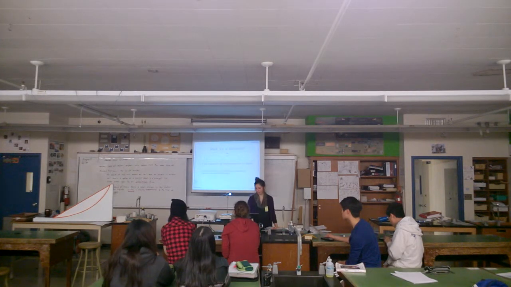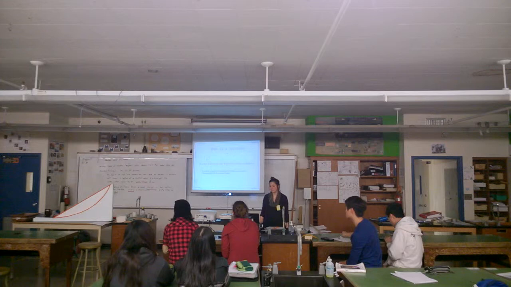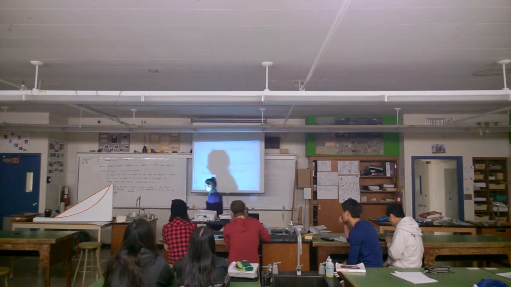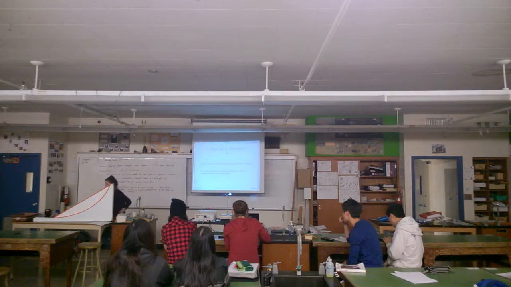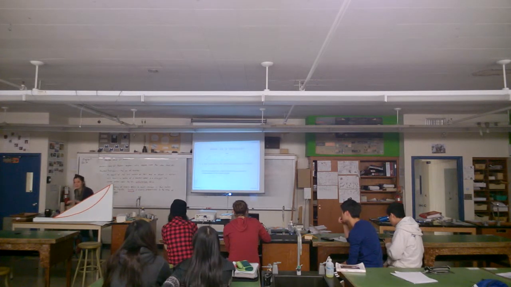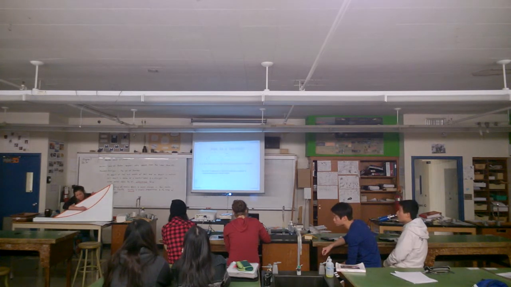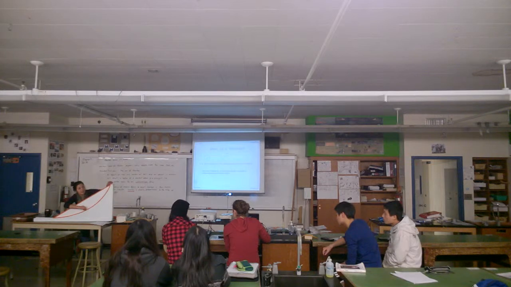And another cool property of it is that it takes a ball the same time to fall to the middle of the cycloid, independent of the height that it's dropped from. So if I have a ball and I drop it from here, it will take the same time as if I drop it from here.